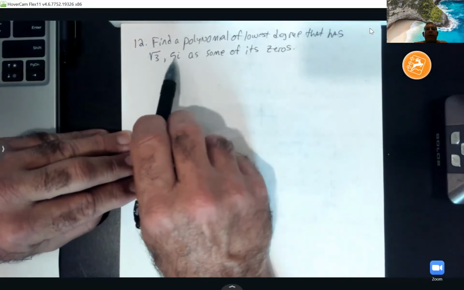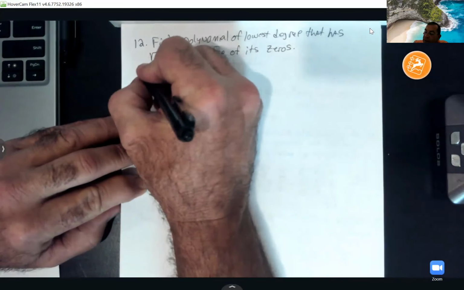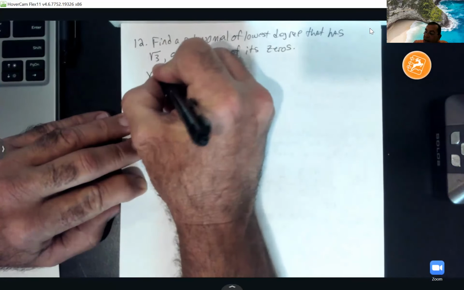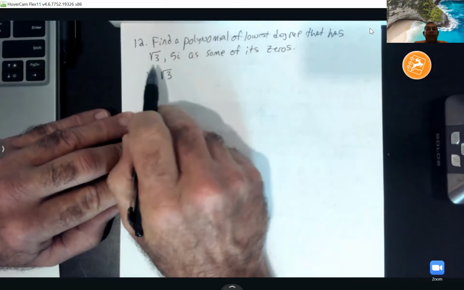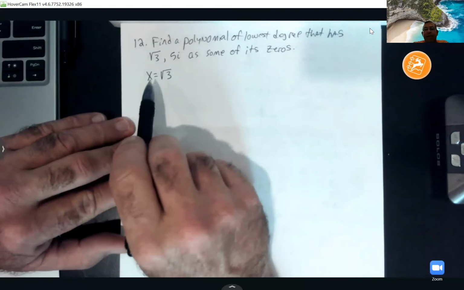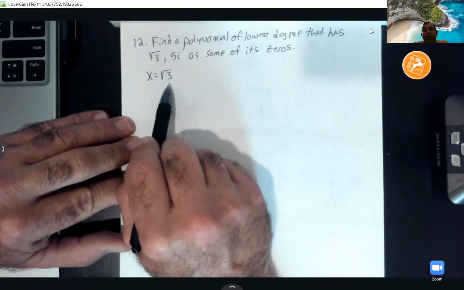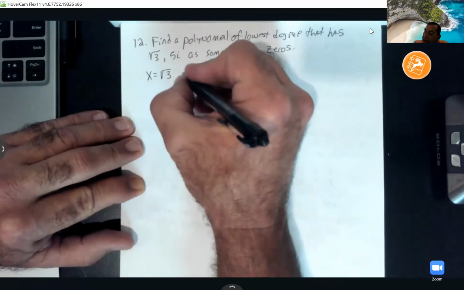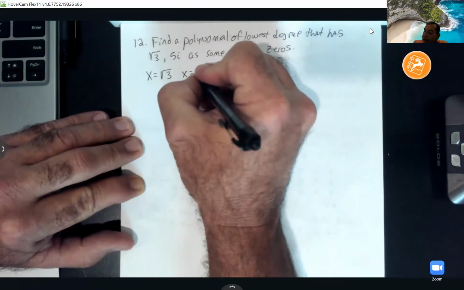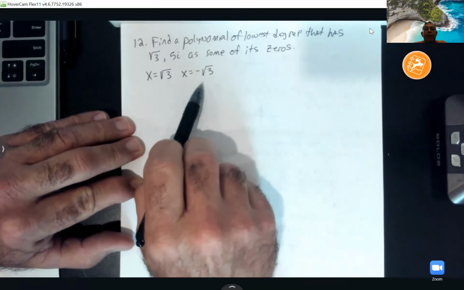So since these are zeros, remember, those are like the solutions. So this is where I came in and said, okay, x equals the square root of 3. But y'all, if x equals square root of 3, if square root of 3 is a 0, then automatically a negative square root of 3 has to be a 0.